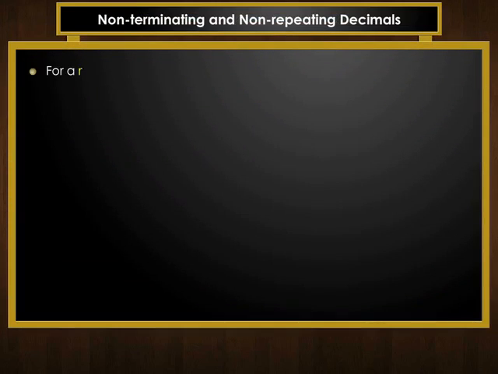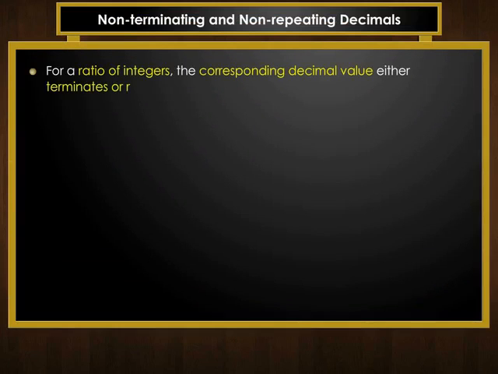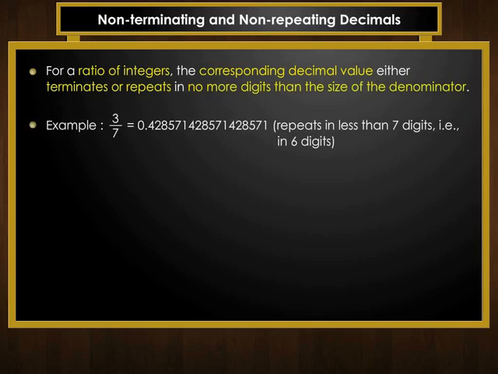Whenever you have a ratio of integers, the corresponding decimal value either terminates or repeats in no more digits than the size of the denominator. For example, 3/7 repeats in 7 or less digits. 1/25 repeats or terminates in less than 25 digits.